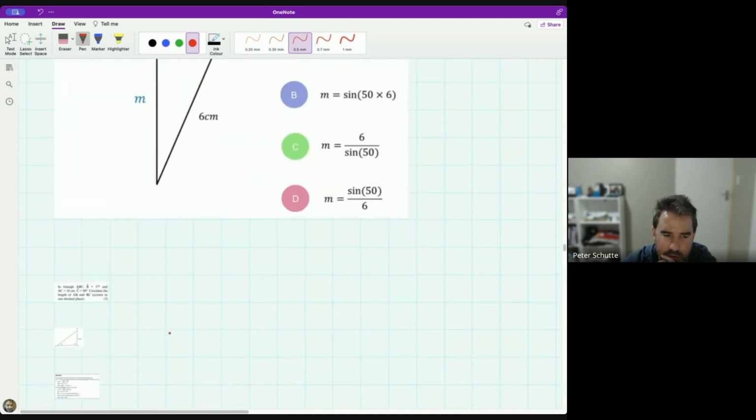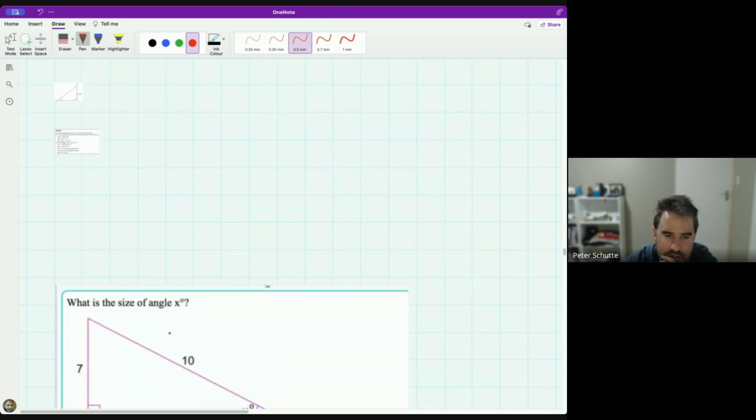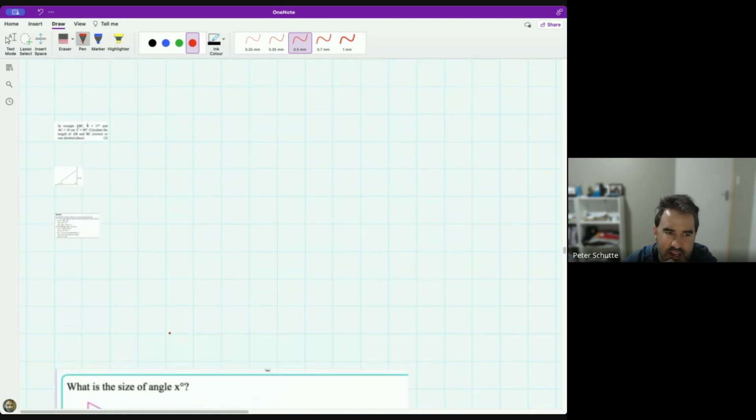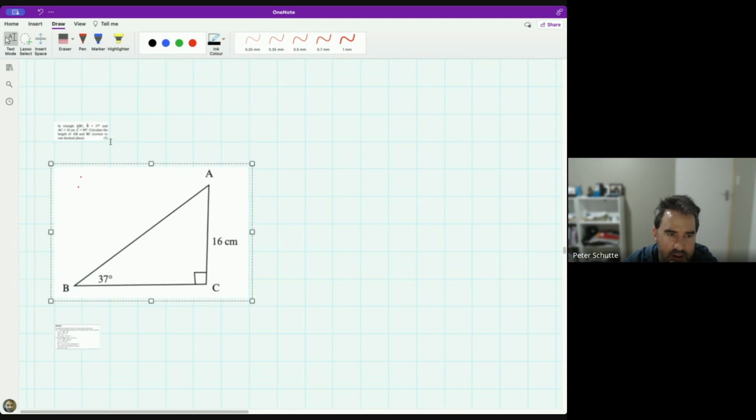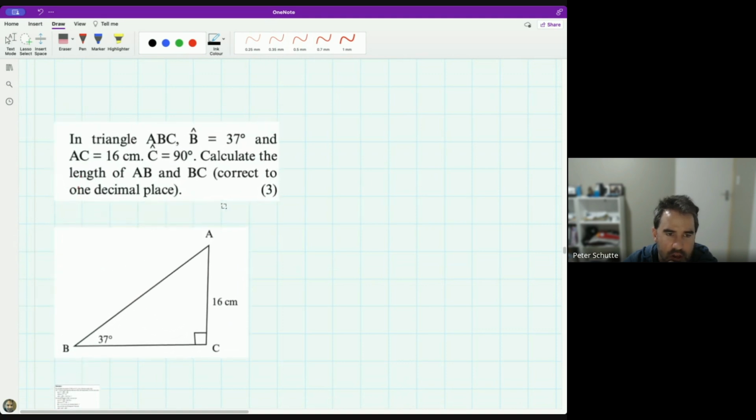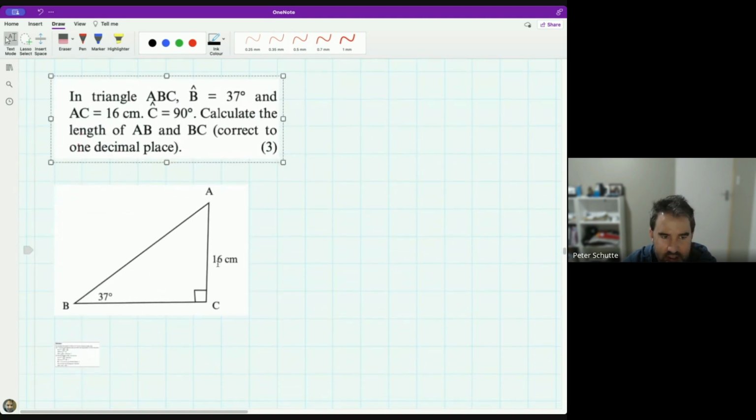Let's go to a slightly different type. Oh, let's do this one actually. Let me not jump ahead too far. Okay, so you are given the following triangle.